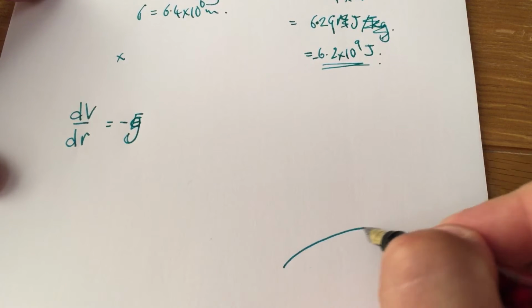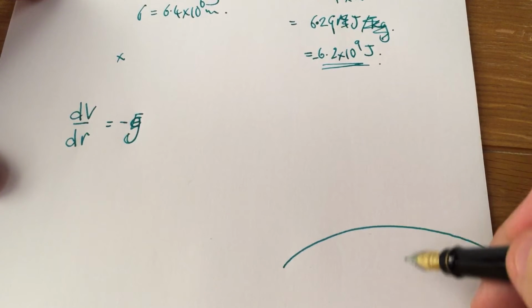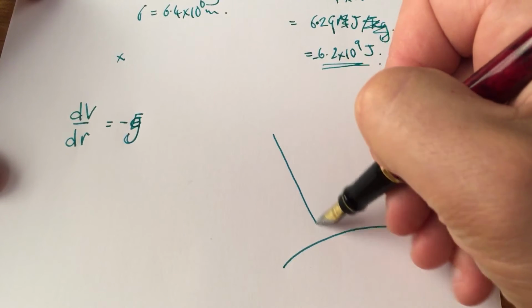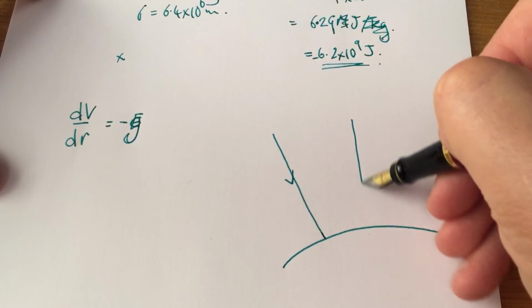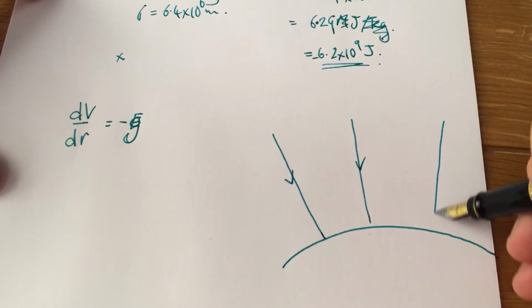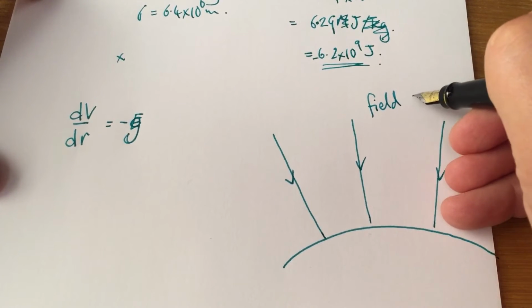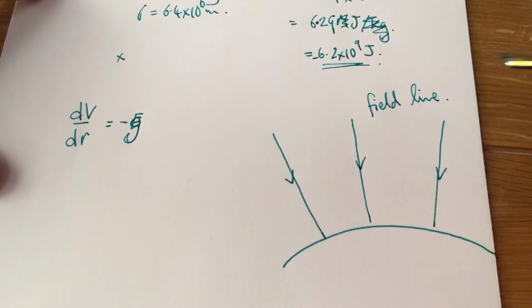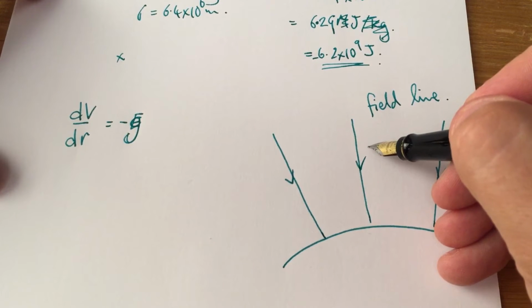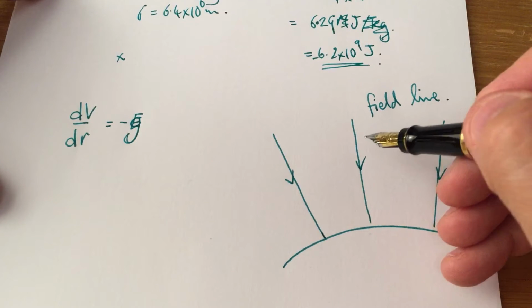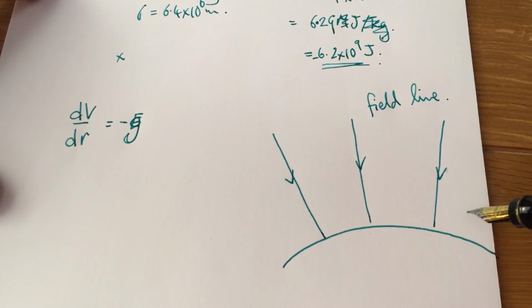place in some radial field lines here. So this radial field, as we saw in the previous video, these field lines, remember force field, show the direction of the force on an object with mass next to this object.